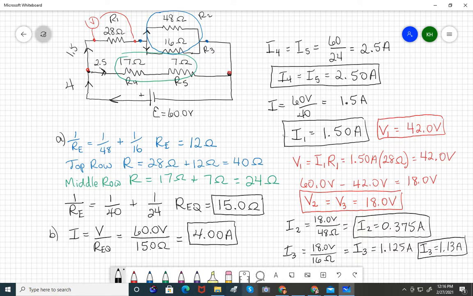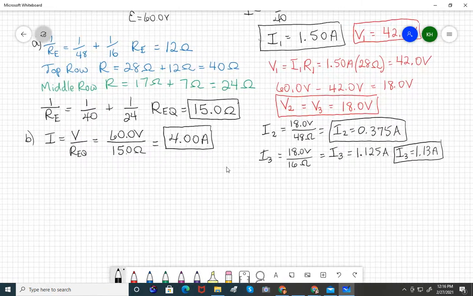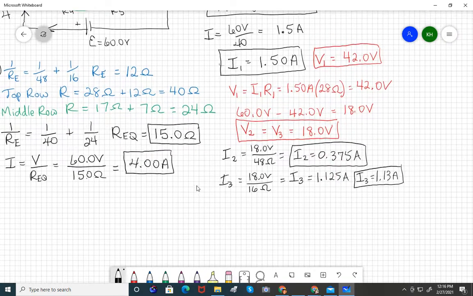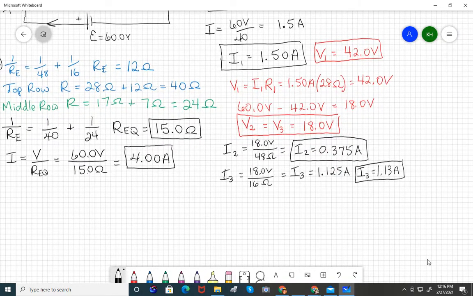We do want to go ahead and find the rest of our voltage drops. We know we've got voltage through 1, 2, and 3. The voltage through the fourth is the current through the fourth times the resistance of the fourth.